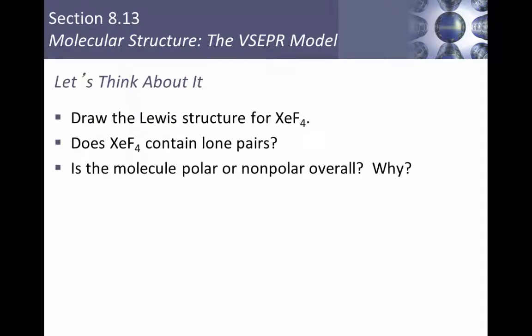For example, xenon trifluoride. This one was drawn in a video clip earlier, and it contains two sets of lone pairs, and therefore that makes the molecule symmetrical about both axes, and so the molecule ends up being nonpolar.